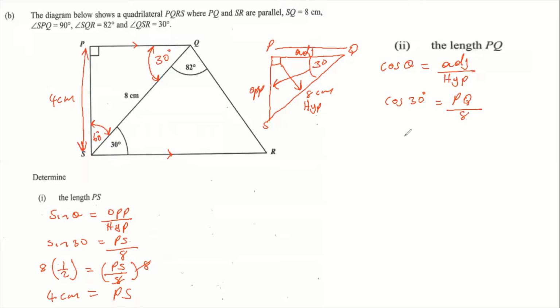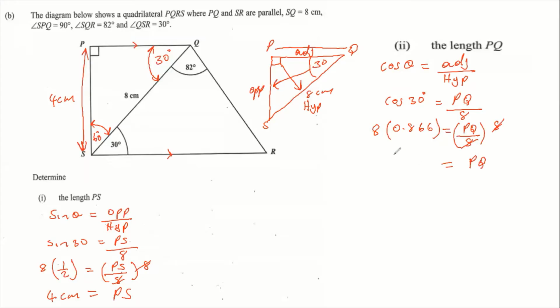All right. What's the cosine of 30? That's just going to be 0.866, which is equal to PQ over 8. Now from here, how do we determine PQ? Multiply both sides by 8. Clearly you can see 8 will cancel out 8, so we're left with PQ, right? And it's all about your calculator skills.